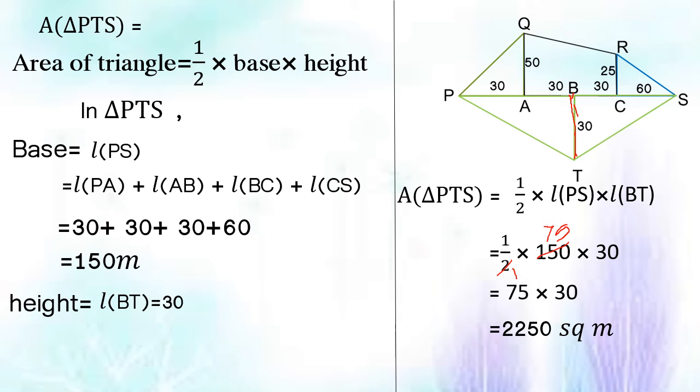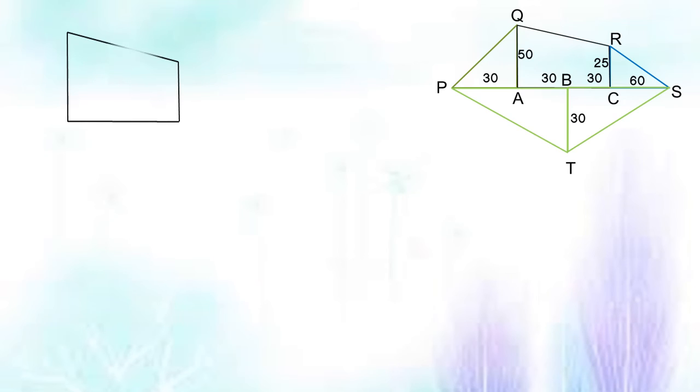Now dear students, we have calculated the area of triangle PQA, area of triangle RCS and area of triangle PTS. Now remaining is this trapezium QACR. In this trapezium, see here, this is 50 and RC is 25.